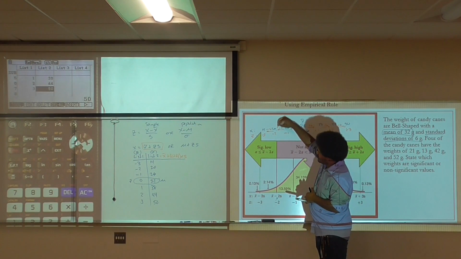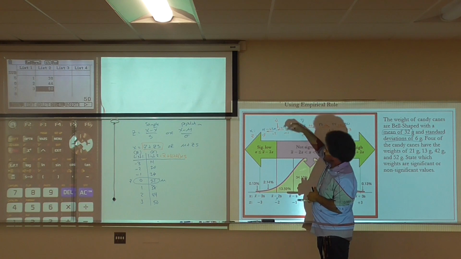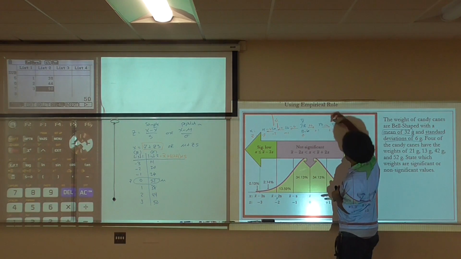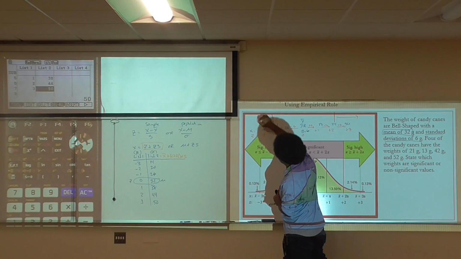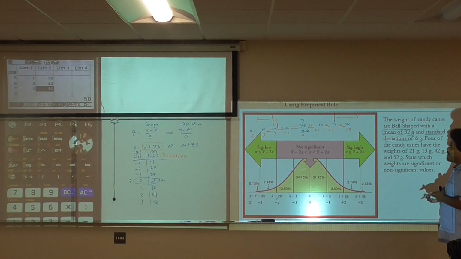It's in this range right here. And we clearly see that it is definitely in the border. We know everything out here is significant, everything out here is significant. So it's not in the significant realm.